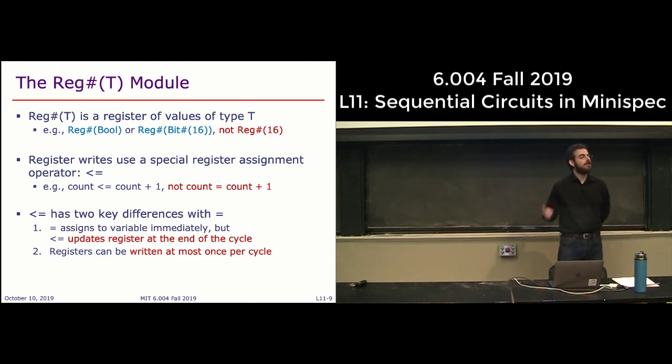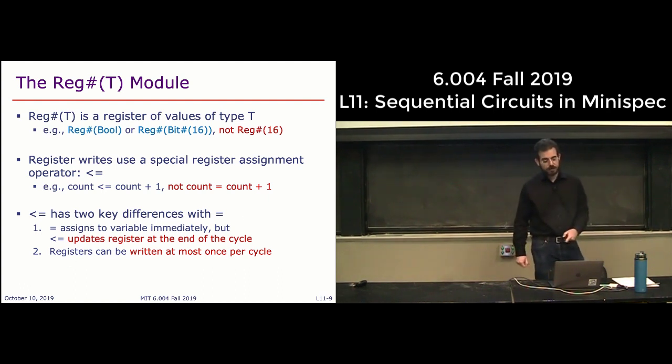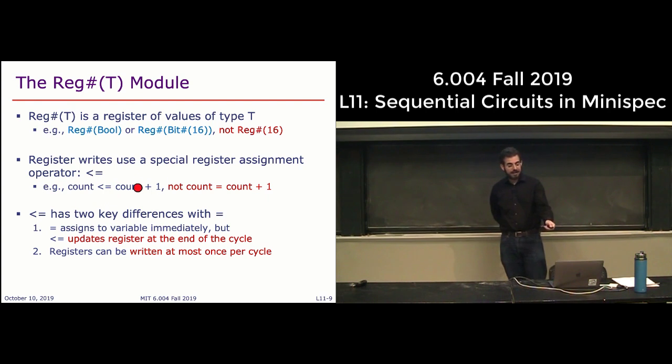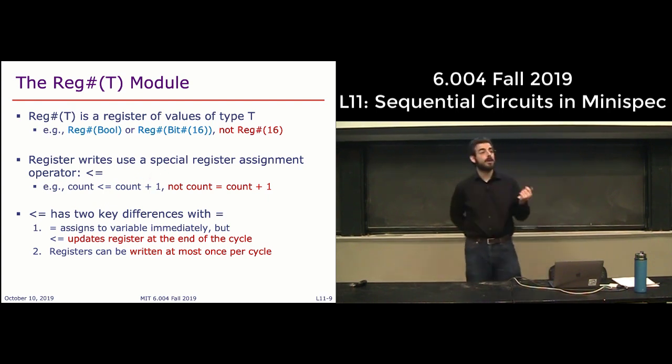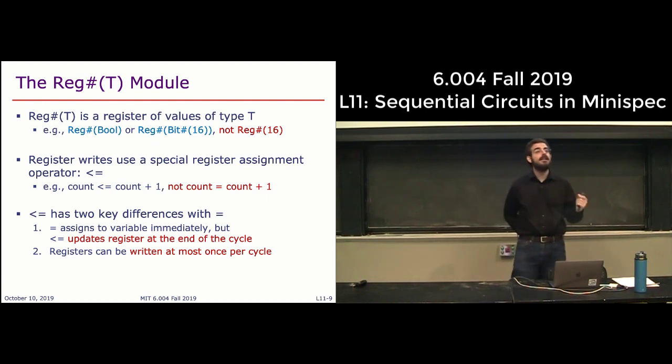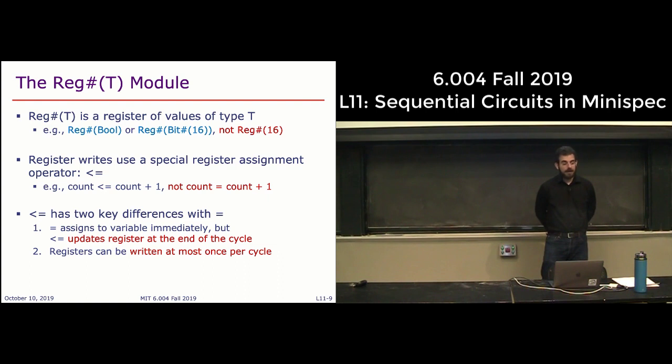And this is because there are two key differences. The first one is that this register assignment updates the register at the end of the cycle. What this is saying is take this value and put it at the D input of this particular register, right? And that is the key difference. With equals, the variable is updated immediately, right?